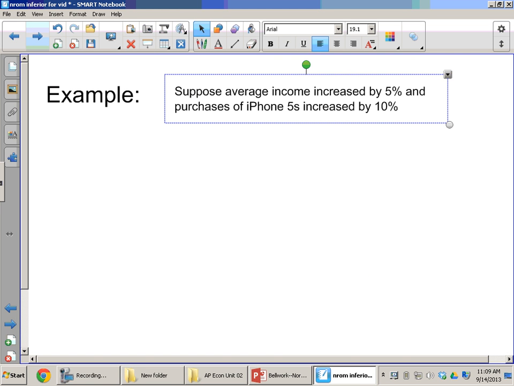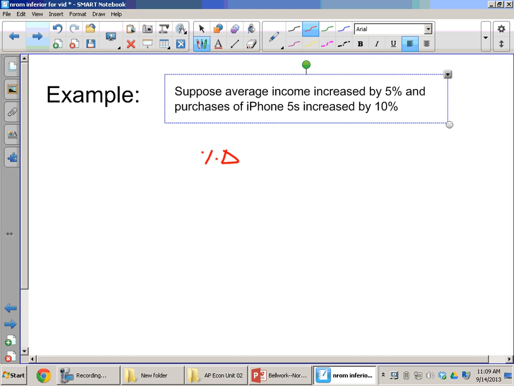Suppose average income increased by 5%, and the purchases of iPhone 5s increased by 10%. All right, so it is percent change in quantity divided by percent change in income. Let's take a look at how our formula is going to play out. The percentage change in quantity is a positive 10% increase. And this is also going to be a positive 5%, so it's a 5% increase in income. And your answer is 2.